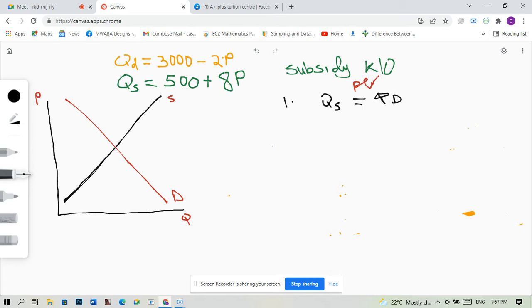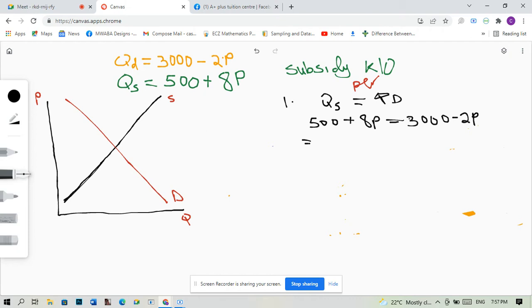Oops, that's an ugly looking D. All right, so QS is 500 plus 8P equals 3000 minus 2P. So we're going to find first our equilibrium price by solving for the variable P, which represents price.